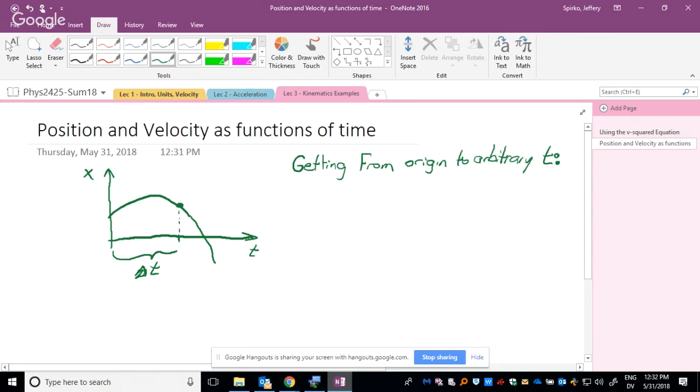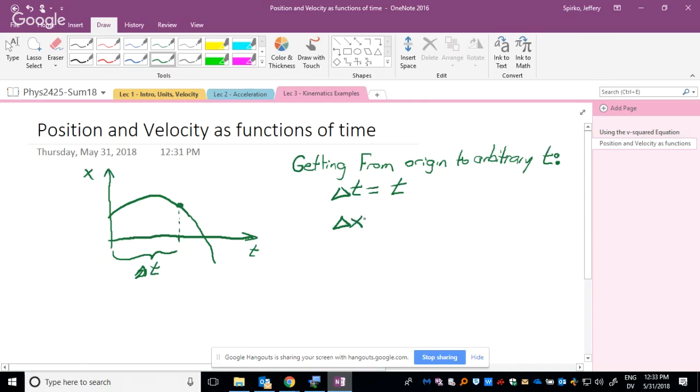The process we can think about is getting from the origin to an arbitrary time t. Our delta t is basically the same thing as plain t, because the further along the axis we go, the bigger the delta t is, and they are exactly equal to each other.